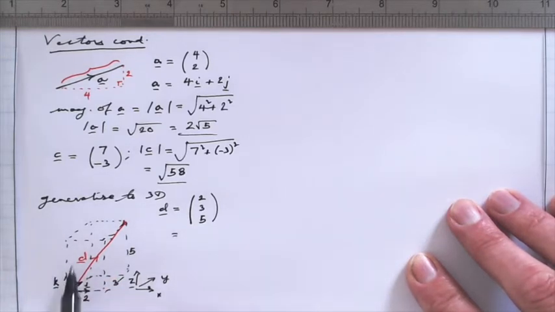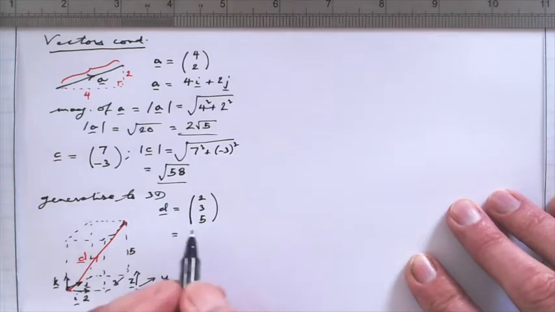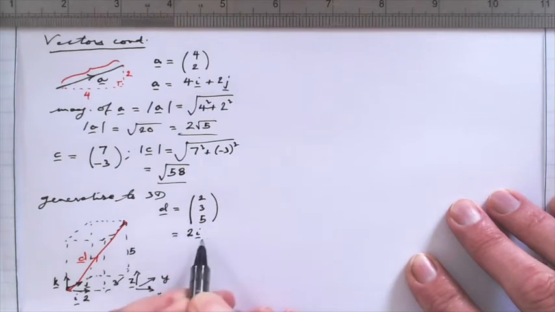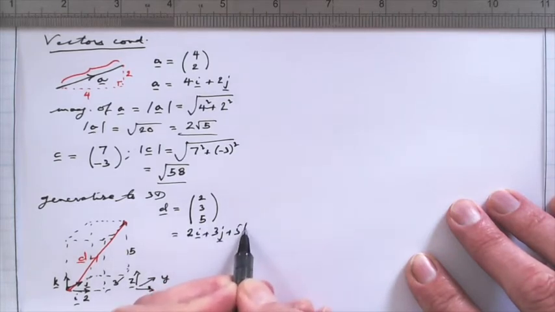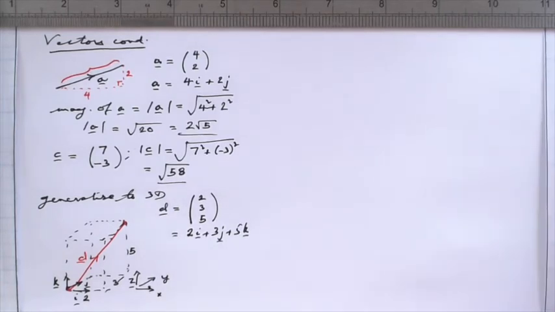And so we can represent this vector d as 2 lots of i plus 3 lots of j plus 5 lots of k. And multiplying vectors and adding vectors in 3D follows all of the same rules as we saw in 2D. So you just treat it component by component.